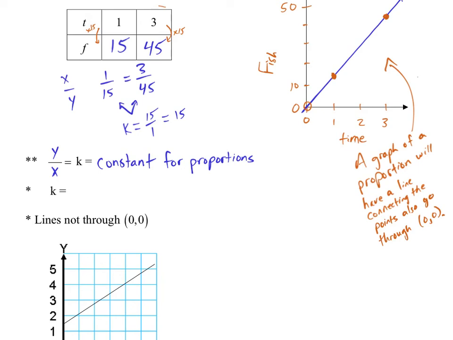So k equals the slope of a line connecting the points of a proportion. So that's why k is the opposite of what you've been taught. It's y divided by x instead of x divided by y.